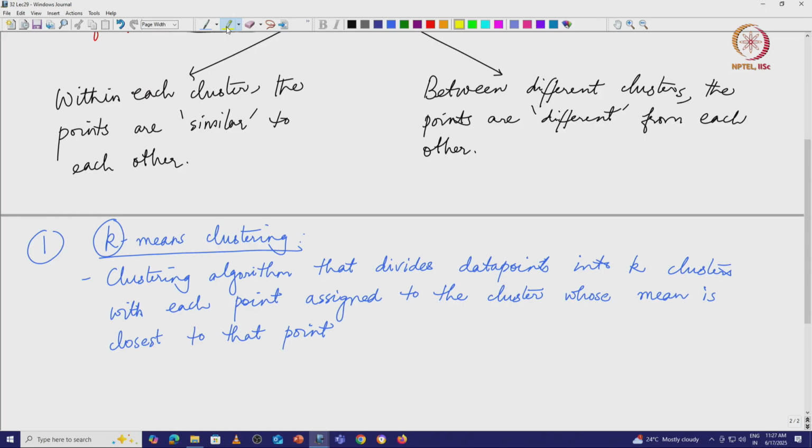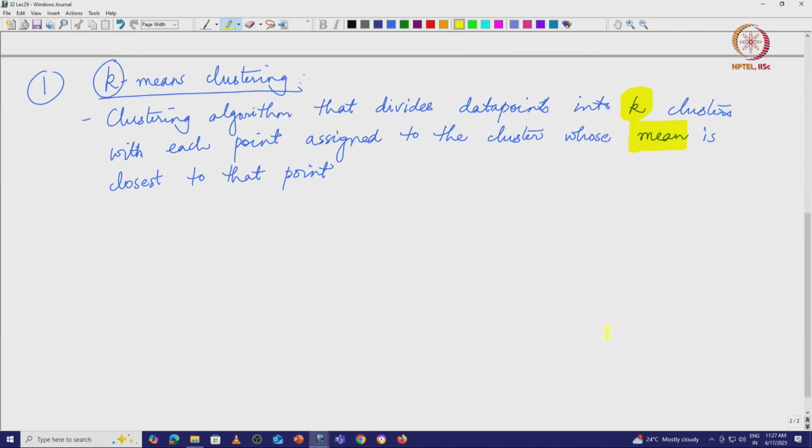So that is why the name mean comes in the name. So there are k clusters with each point assigned to the cluster whose mean is closest to that point.